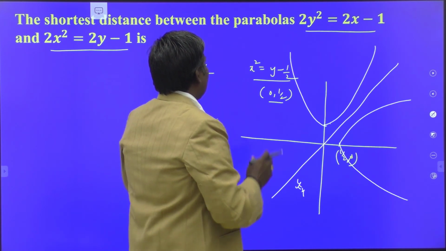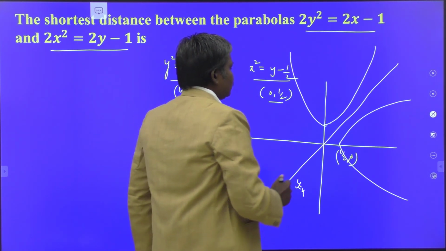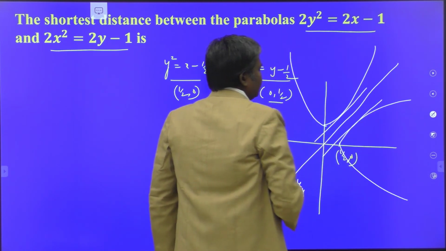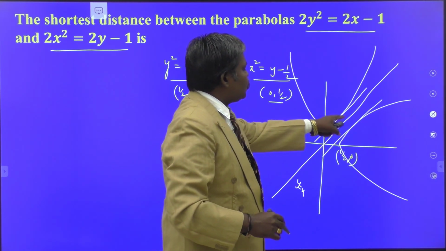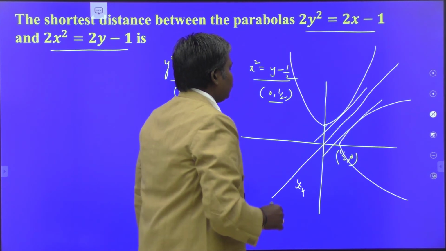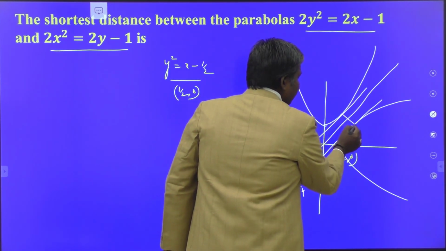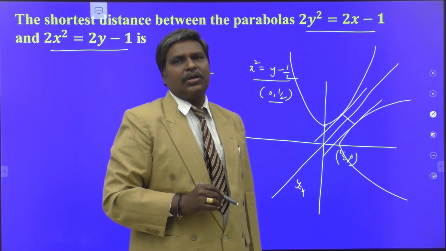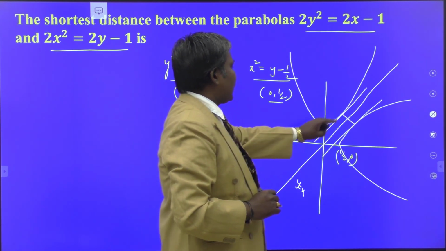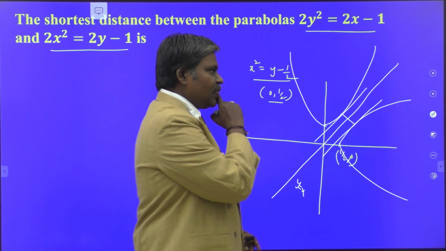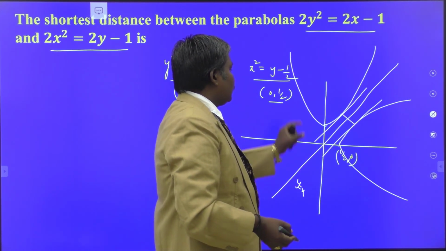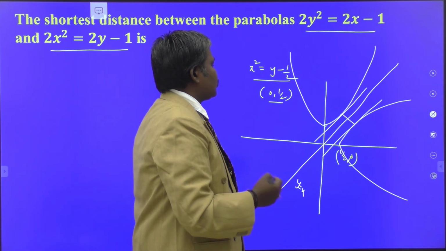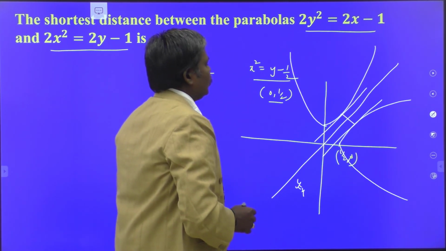The shortest distance exists if you draw the tangents to the two curves at some points. If these two tangents are parallel, then the distance between the two parallel lines is the shortest distance between these two curves.